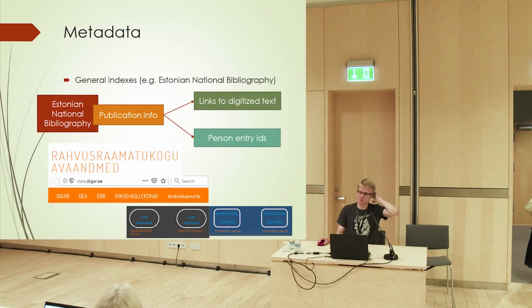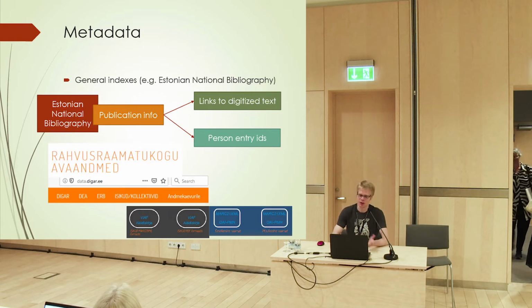I think the Latvian bibliography exists in the same way, which is an index of all the books published, or tries to be the index of all the books published in Estonian or other languages connected, other publications that are connected to Estonia. But for me, it was just relevant, the ones that are written in Estonian, so it's really a great database that has all the text that I would need.